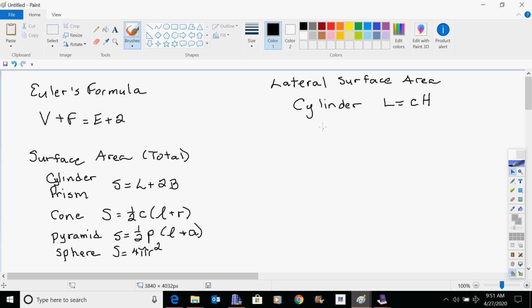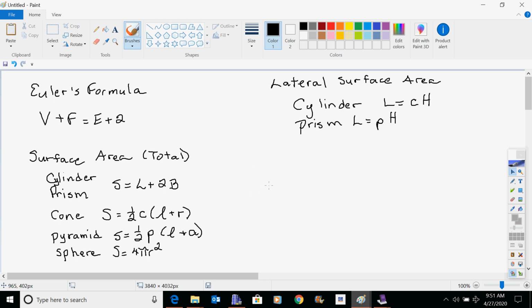And for a prism, your lateral surface area was the perimeter times the height, how tall the whole thing was. And so those things were important for you figuring out what your various complete and total surface areas are, because they're a part of it.